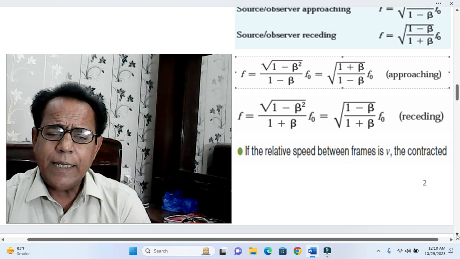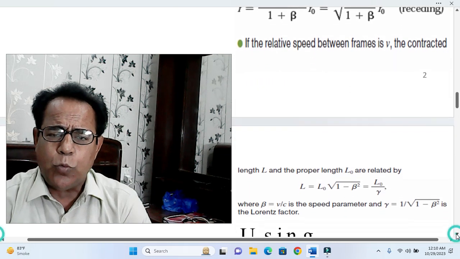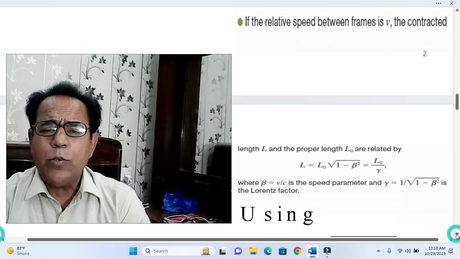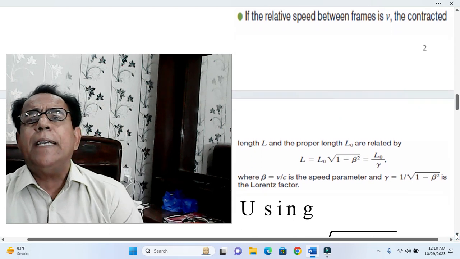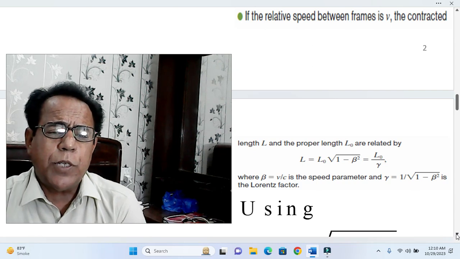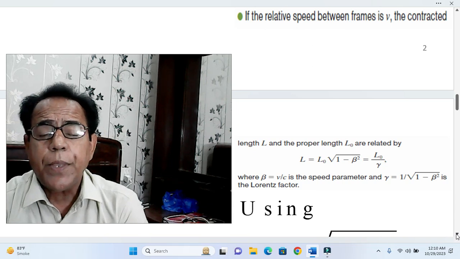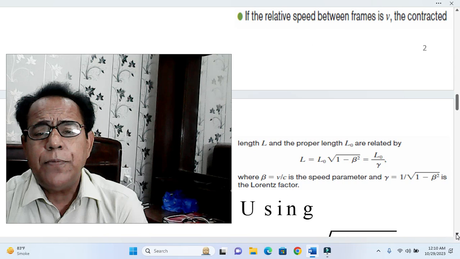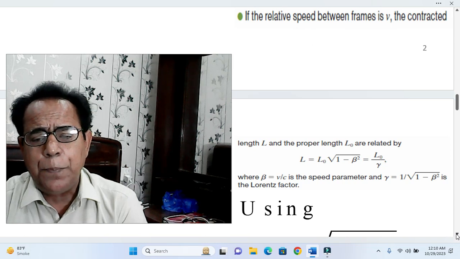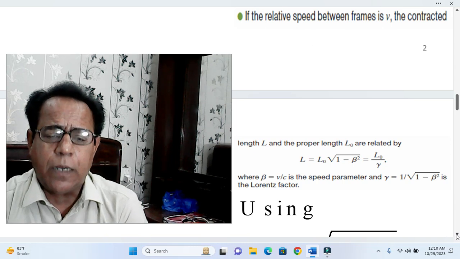Okay, dear students, next snapshot, which has been split in two parts, is included just to emphasize the concept of speed parameter, which is denoted by beta. Beta is equal to v over c. Okay, if the relative speed between frames is v, the contracted length L and the proper length L naught are related by L equal to L naught into under root 1 minus beta square.